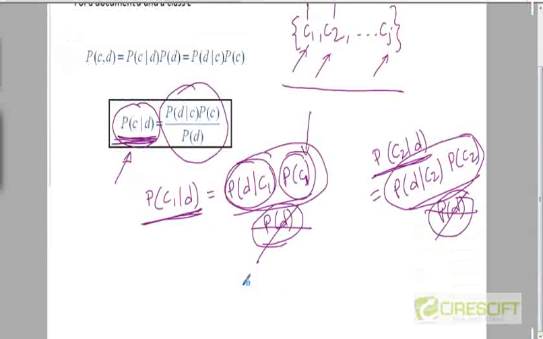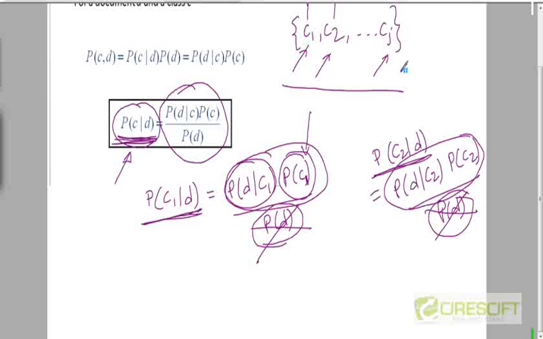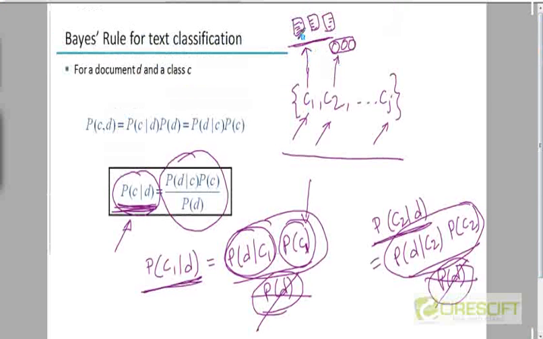Once you see what terms appear in documents belonging to different classes, you can come up with probabilities that these various terms appear in documents belonging to class C1, and so on.